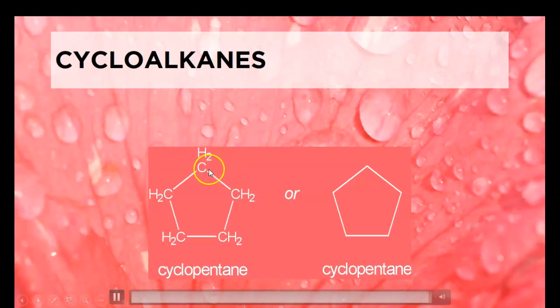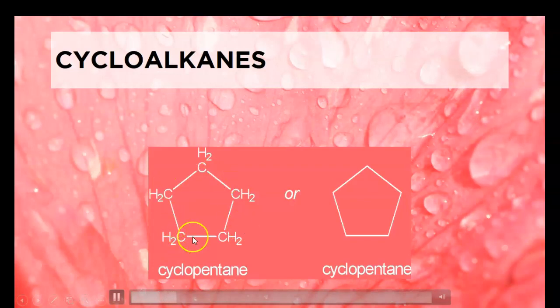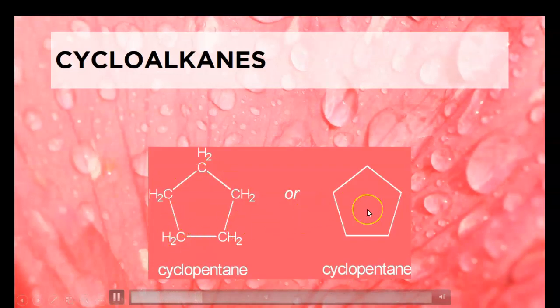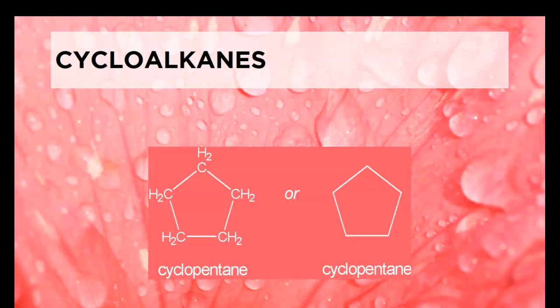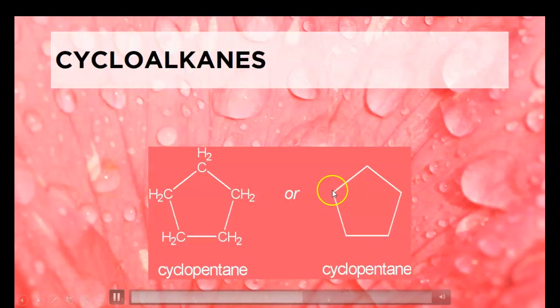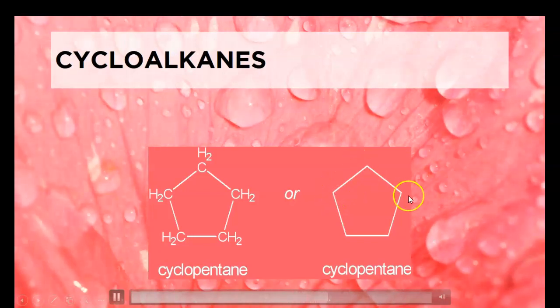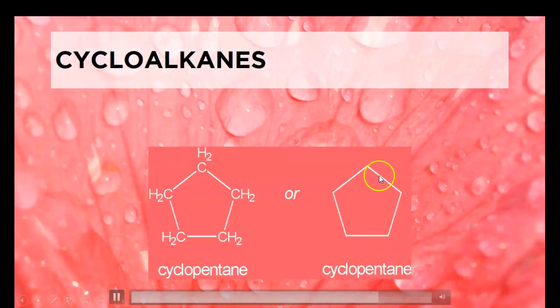The other 2 will be hydrogens for each one. This is called cyclopentane, and I can simplify it by literally just drawing a pentagon, because each bend in my pentagon is going to have a carbon, and then each one is going to be linked to 2 hydrogens.